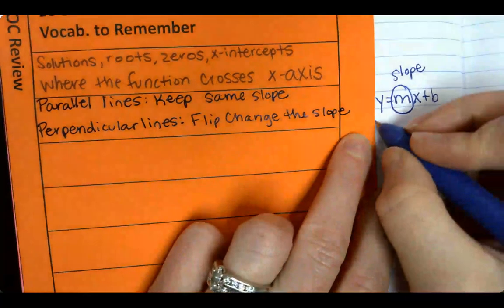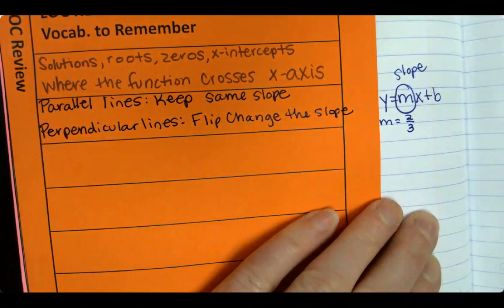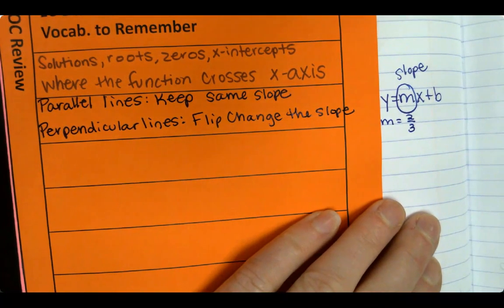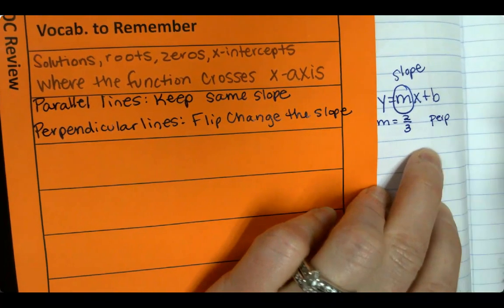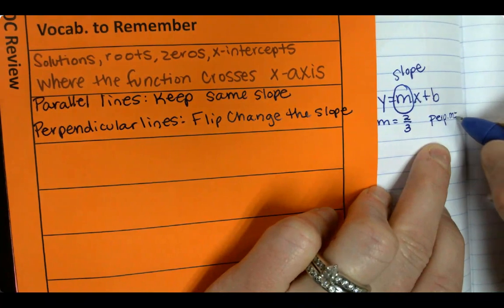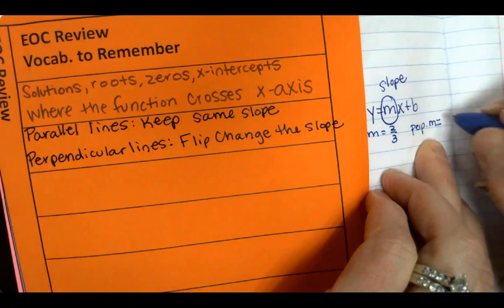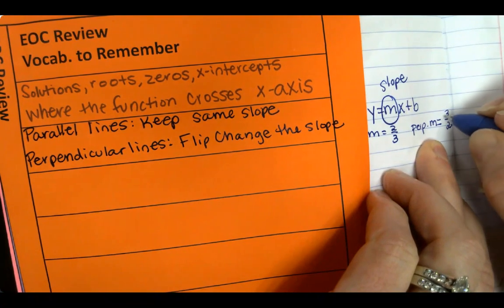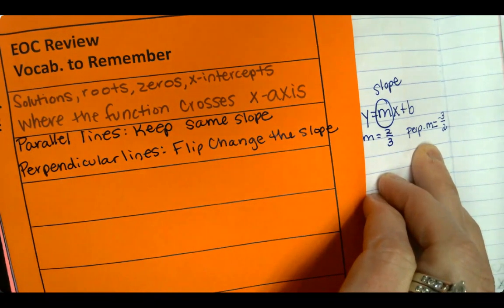So let's say that the slope is 2/3. Parallel would also be 2/3, but for the perpendicular slope, you would flip it and change the sign. So 2/3 would be 3/2, and change the sign to negative 3/2. So that's for perpendicular lines because they cross at a 90-degree angle. So you flip and change the sign of the slope.